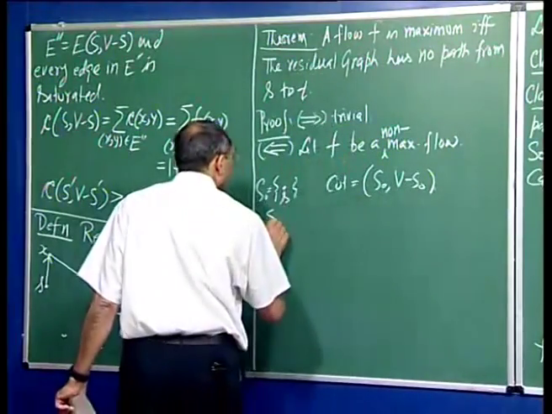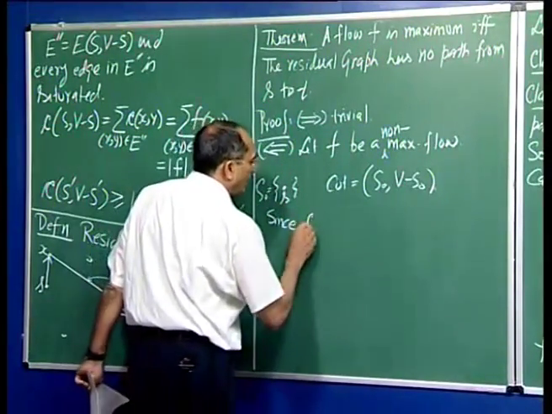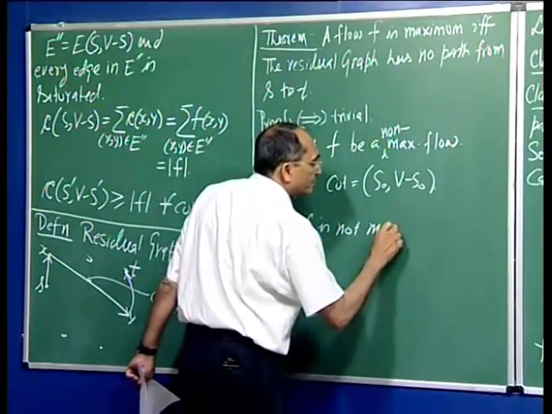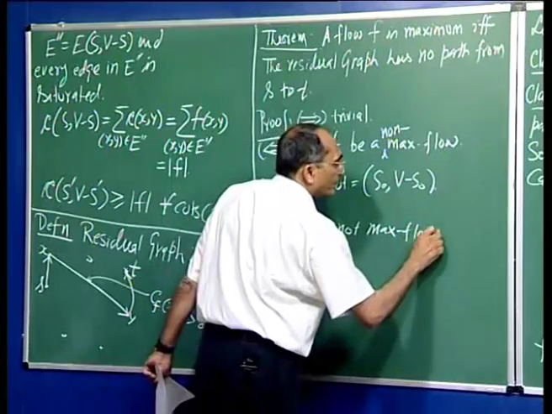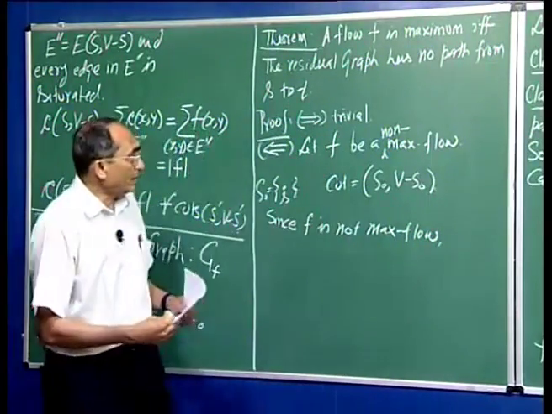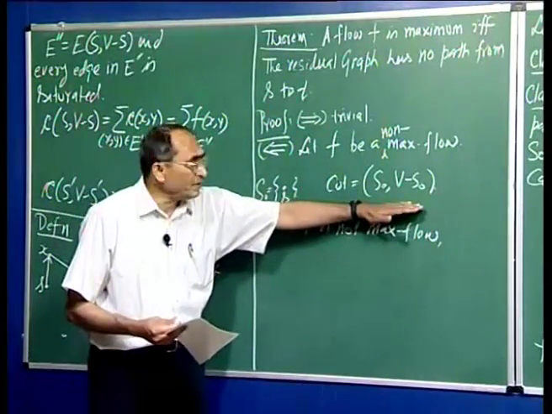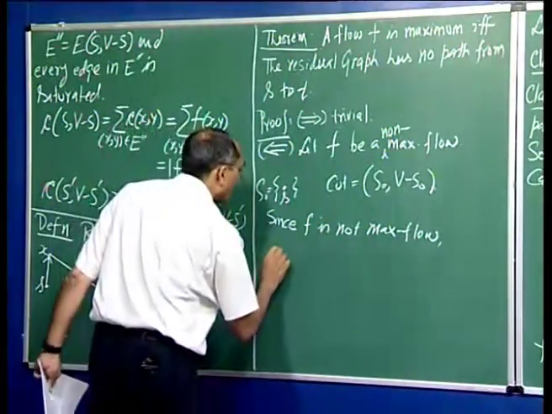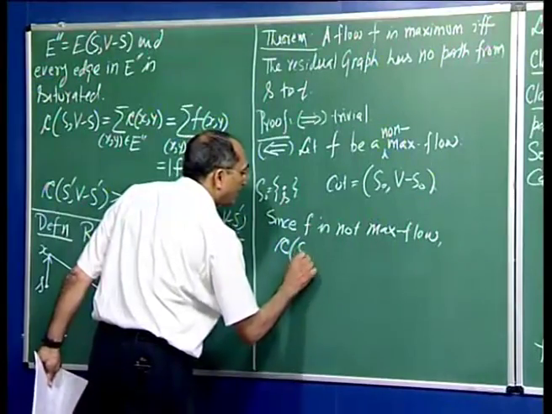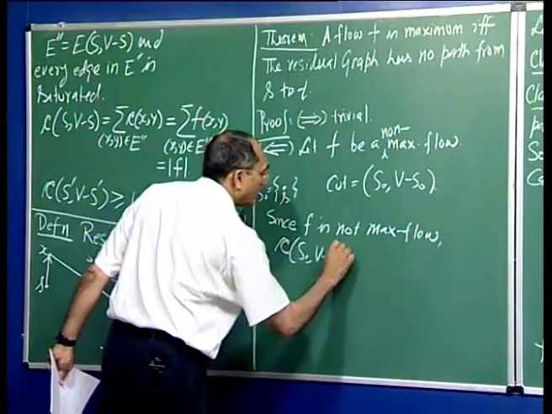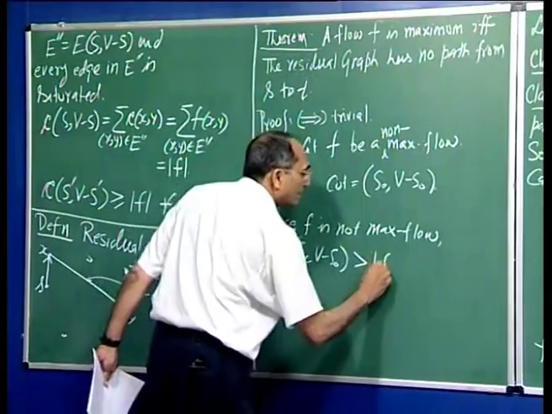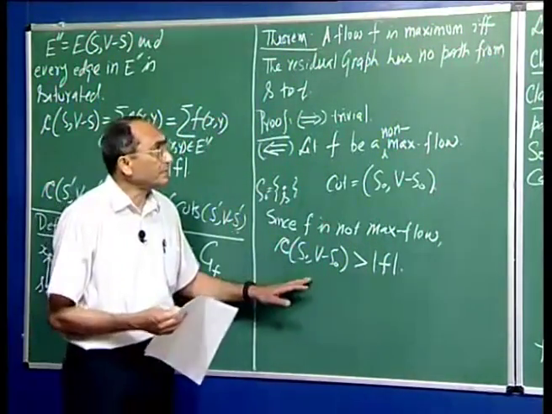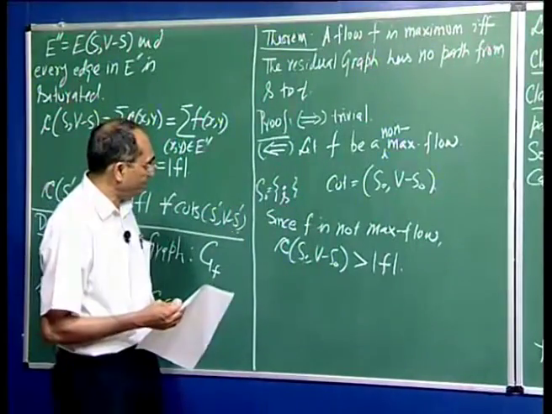Since F is not maximum, the cut capacity of this cut has to be strictly greater than the value of the flow. So, the capacity C of (S0, V minus S0) has to be strictly larger than the value of the flow. This comes from our previous theorem.